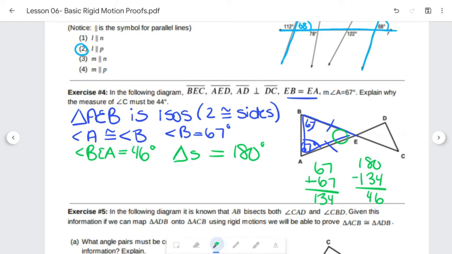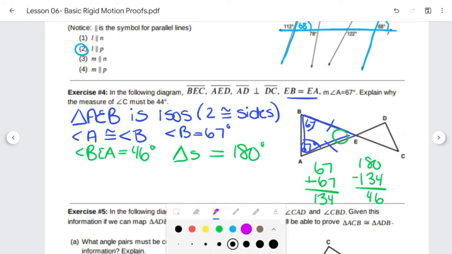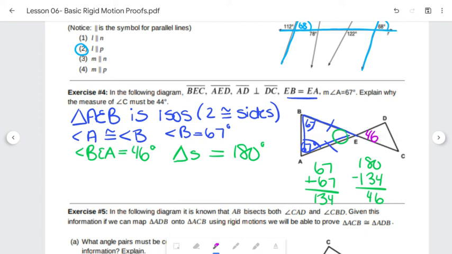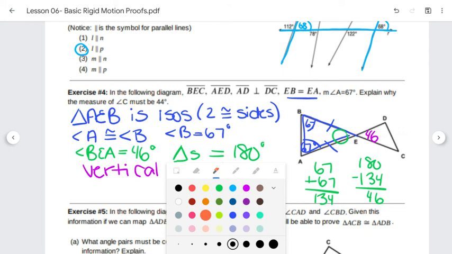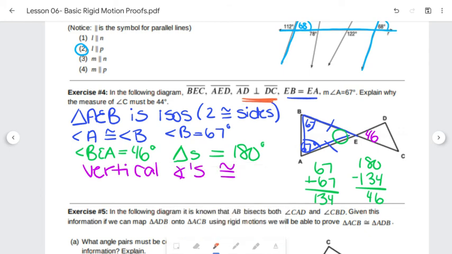But now, following up with that, I also know DEC is 46 degrees because vertical angles are congruent. That's just another way to write angles with that little arc in there. And one last thing we know is we have perpendicular. So if AD meets DC, there's going to be my right angle. So remember, perpendicular lines form right angles.